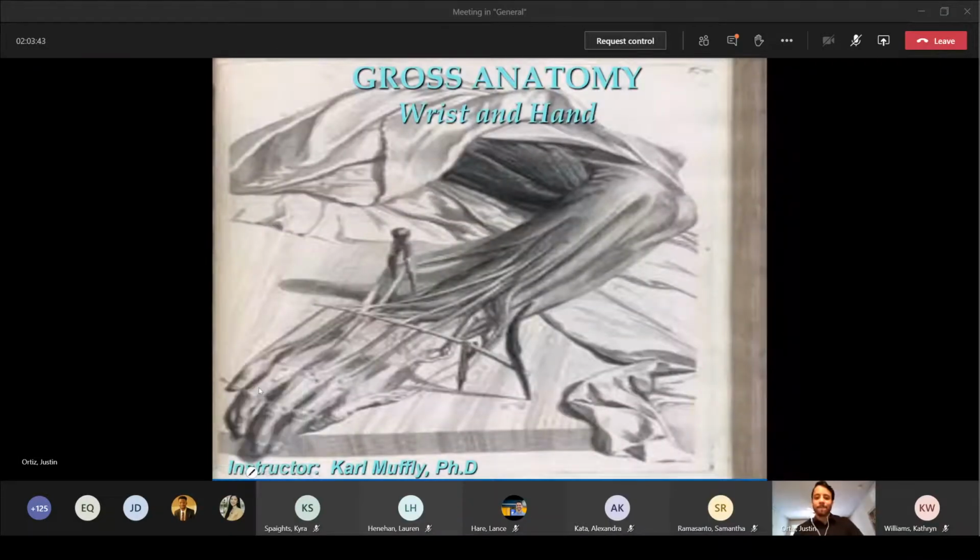Can everybody see the screen now? Yeah, we can see that. Okay, good. Okay, let's start.